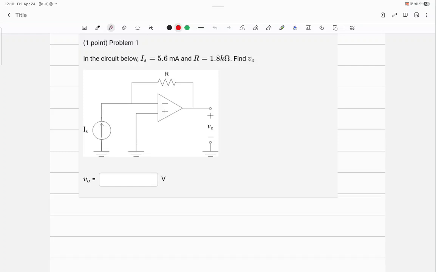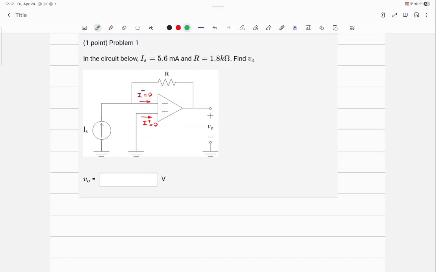So what was the first rule of op amp? There's no current. So I positive is 0. I negative is 0. What is the second rule? Next.